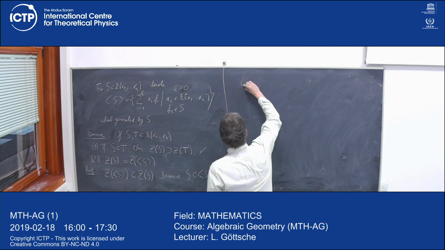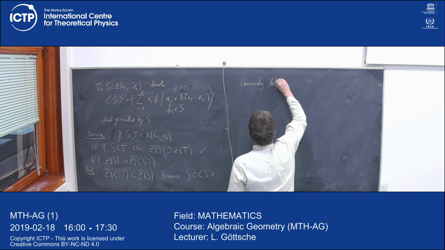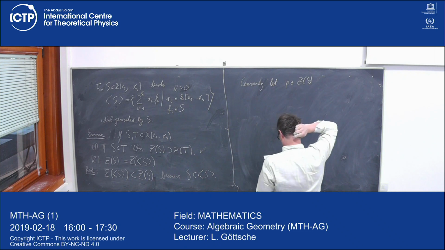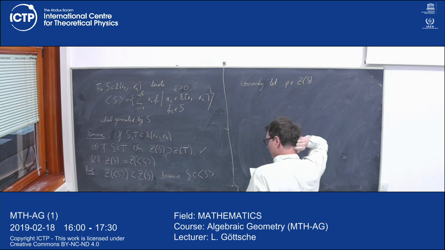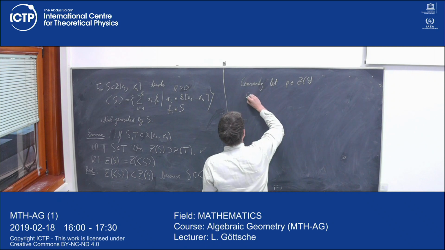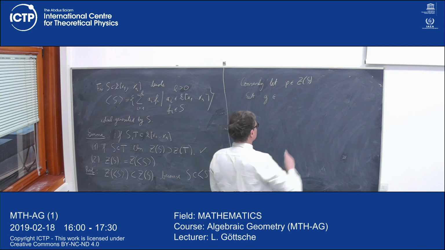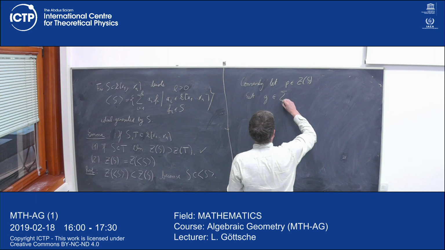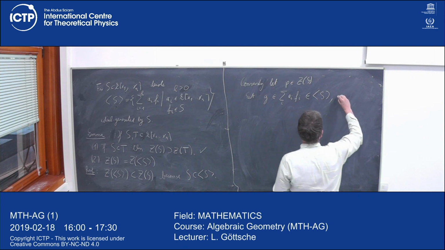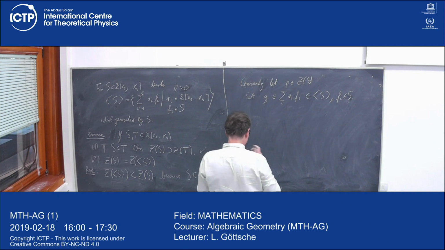So conversely, let P be an element in the zero set of S. We have to show it's also contained in the zero set of the ideal generated by S. So let g be any element in the ideal generated by S, so we can write it as the sum over i of a_i f_i, where the f_i are elements in S. So what do we get?